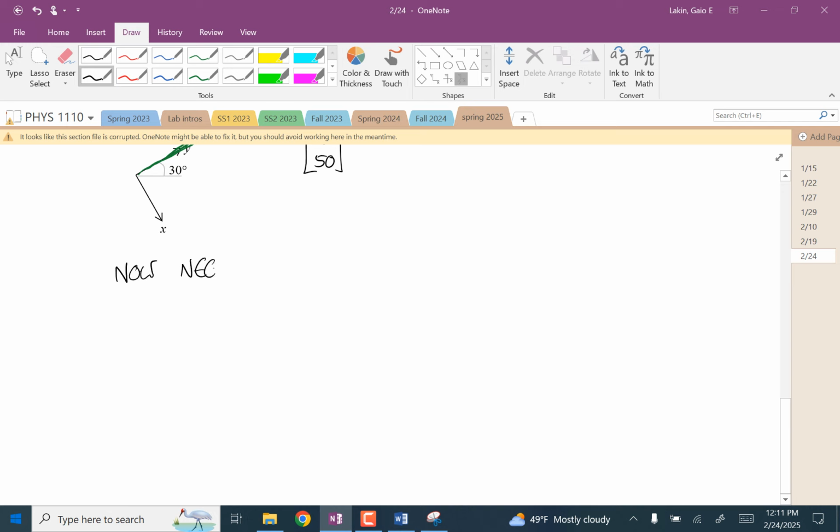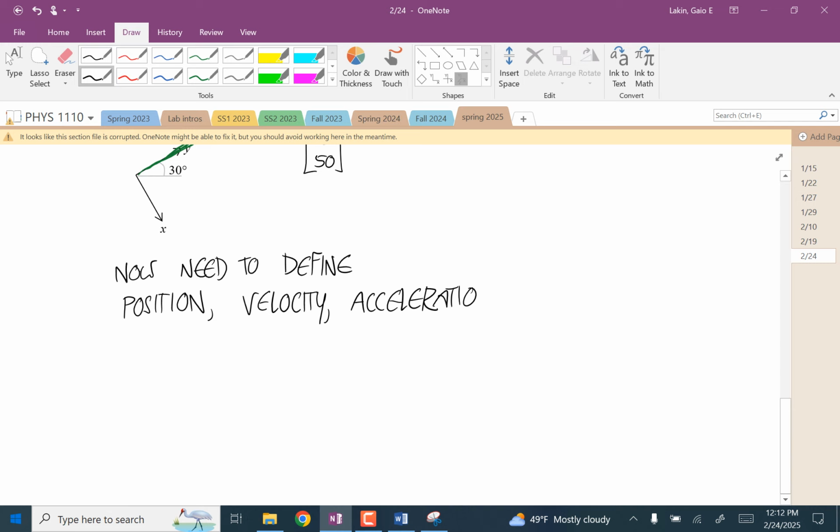So now we need to define the position, velocity, acceleration, and displacement isn't something I'm going to emphasize a lot, but I'll mention what displacement means. All of these as vectors.